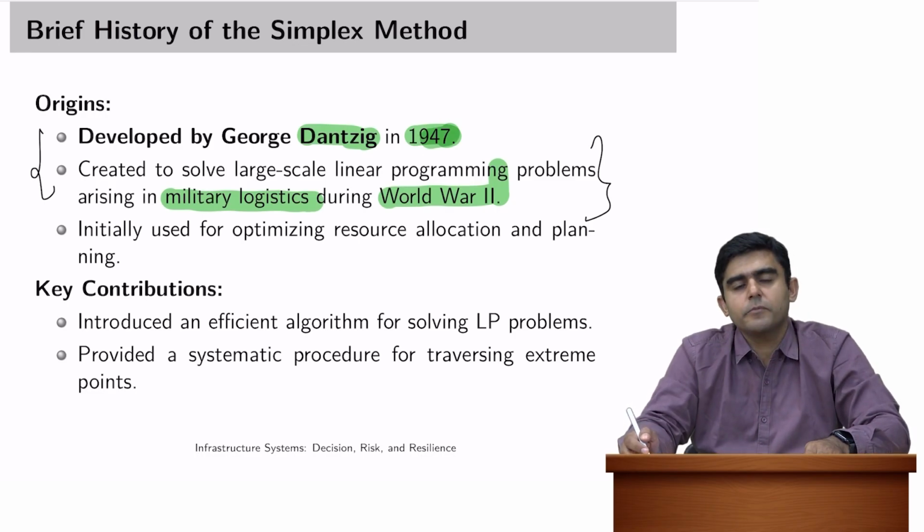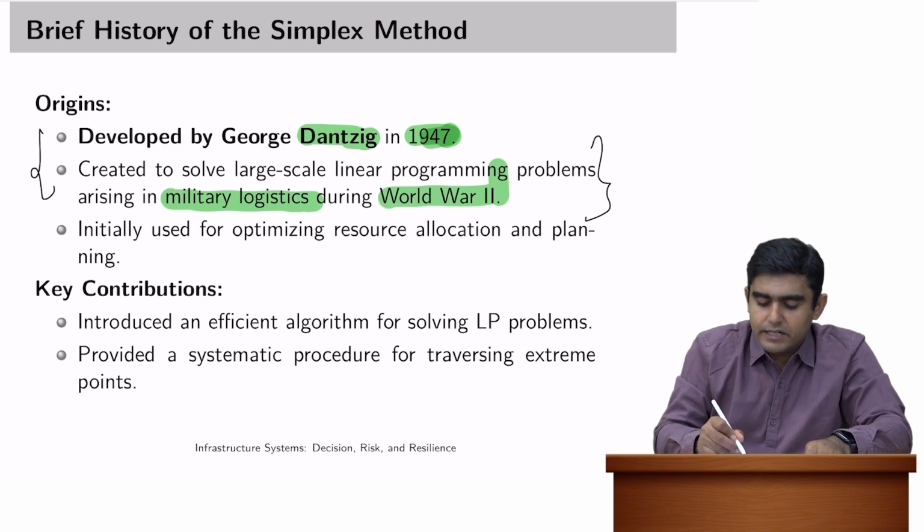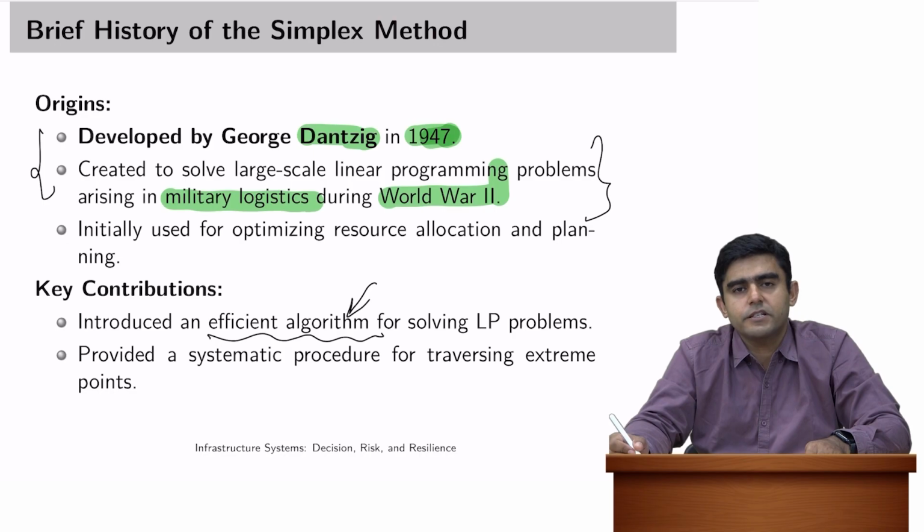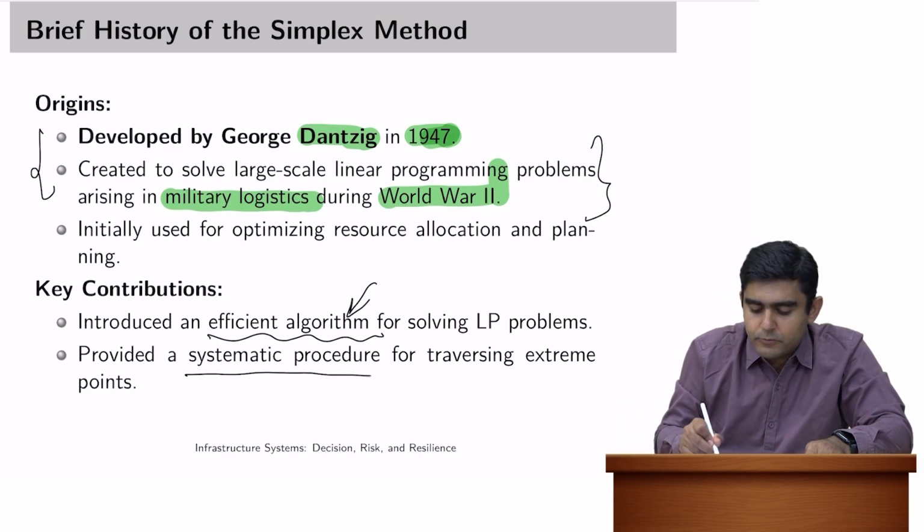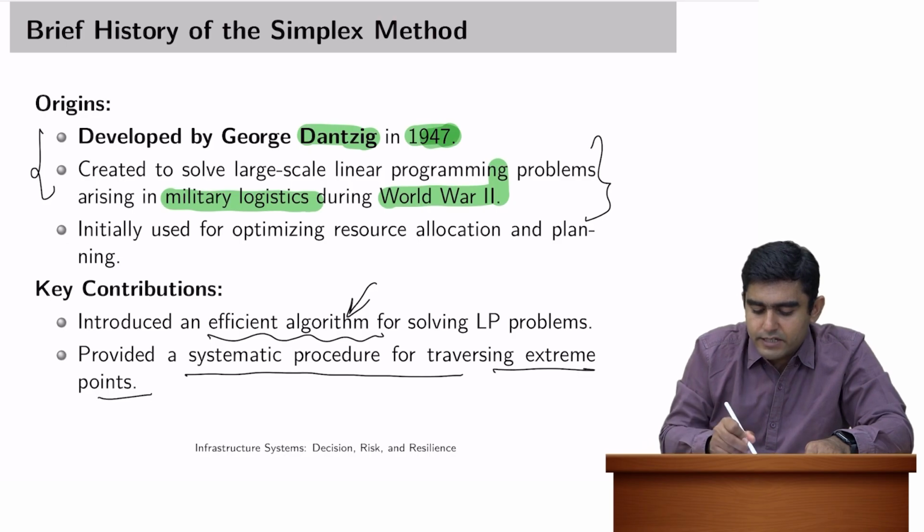The key contribution of this method was that it is a very efficient algorithm, and we'll learn the reasons behind its efficiency and how it actually works. It also provides a systematic procedure for traversing the extreme points.